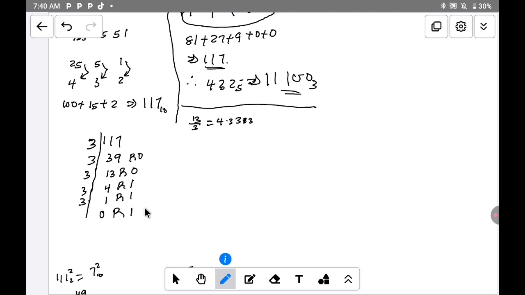So now if you want to write it from the bottom to the top, we have 1, the second one and third one, and we have 0 0. So that will be in base 3.